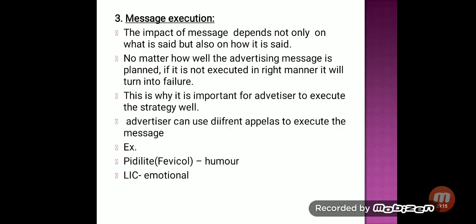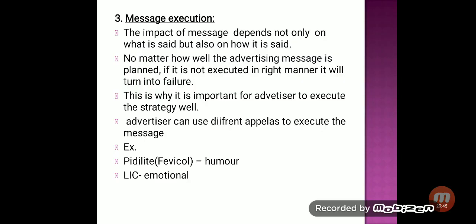So the first part was message generation. As an advertiser, you have created various alternatives through which you can advertise your product. During second stage, you have evaluated all the alternatives and you have selected the best idea. But at the third step, at the stage of execution, now practically you have to create the advertisement.